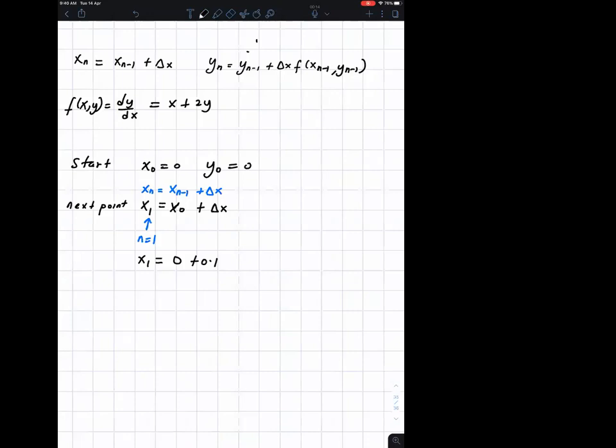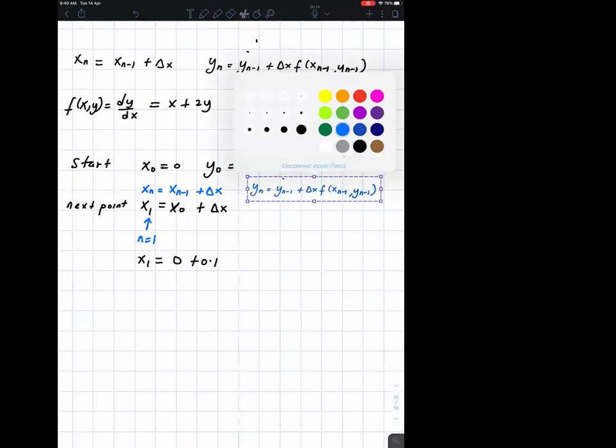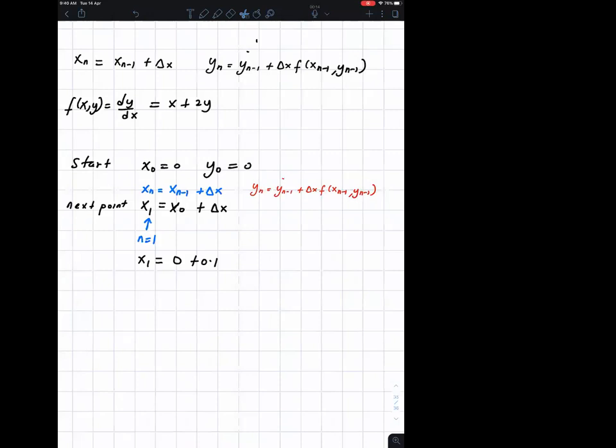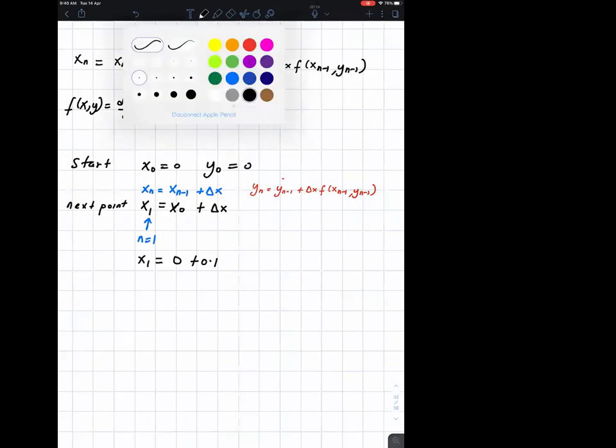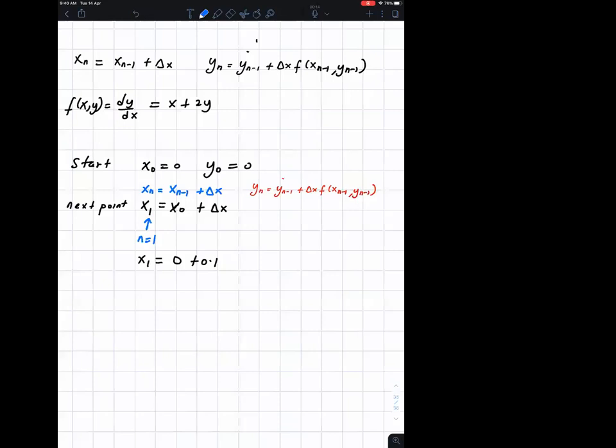Next, let's find the corresponding y value using this formula. I'm just putting this here for reference, in blue or red, whichever.